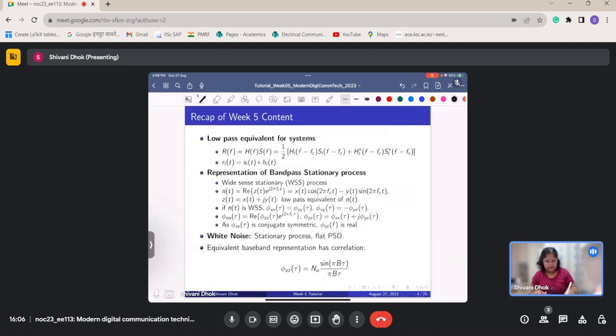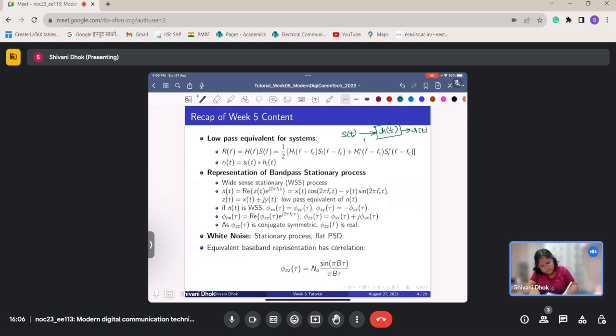So this week started with continuing the low pass equivalent representation for systems, and we saw that if I have a system H(t), a system with impulse response h(t), excited by an input s(t), and it has an output r(t).